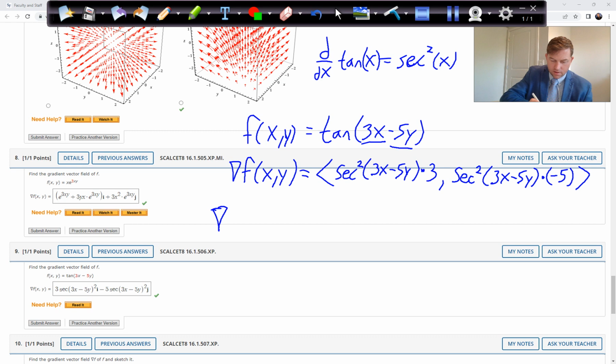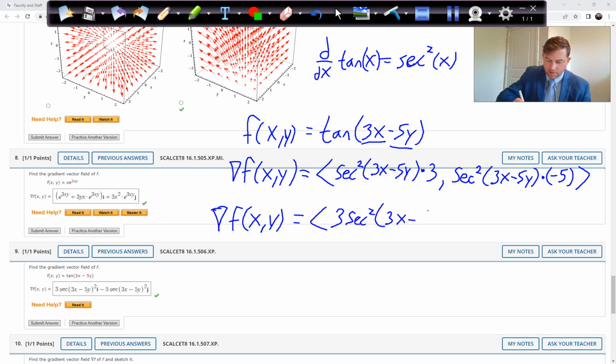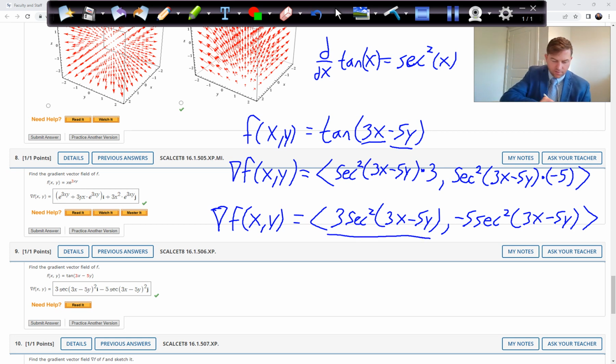So putting that all together, gradient of f is equal to 3 secant squared of 3x minus 5y and negative 5 secant squared of 3x minus 5y. And I guess I put that in front of i and j. So this term would be in front of i, and this term would be in front of j. Okay, and that would be problem 9.